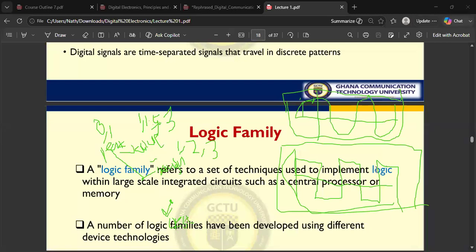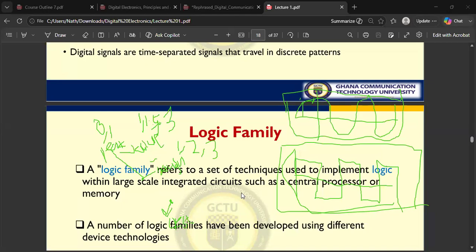We'll look at them in our subsequent lectures. A logic family refers to a set of techniques used to implement logic within large scale integrated circuits such as central processors or memory. These are done with the help of integrated circuits.